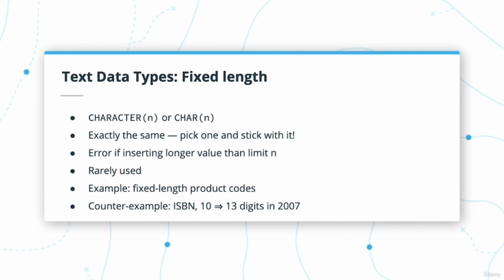And as I've already mentioned, we're going to look later on in this lesson at a command that will allow us to change the data type of a column. But once you have a lot of data in a table, changing the data type of a column is something that takes time and could take your database down for a few minutes or even up to an hour or more. So it's something that you should really think about. And again, in most cases, you're going to be using variable length characters.